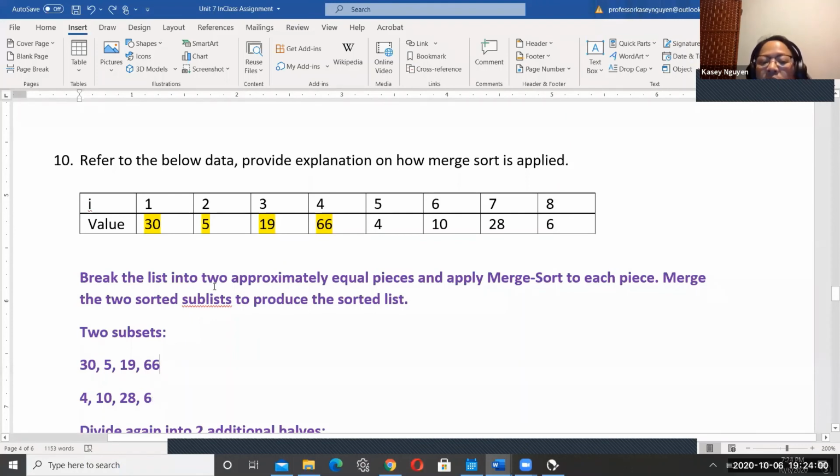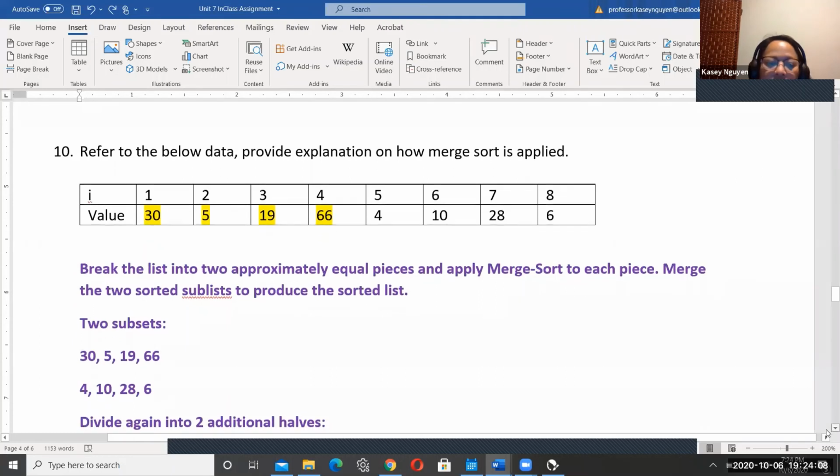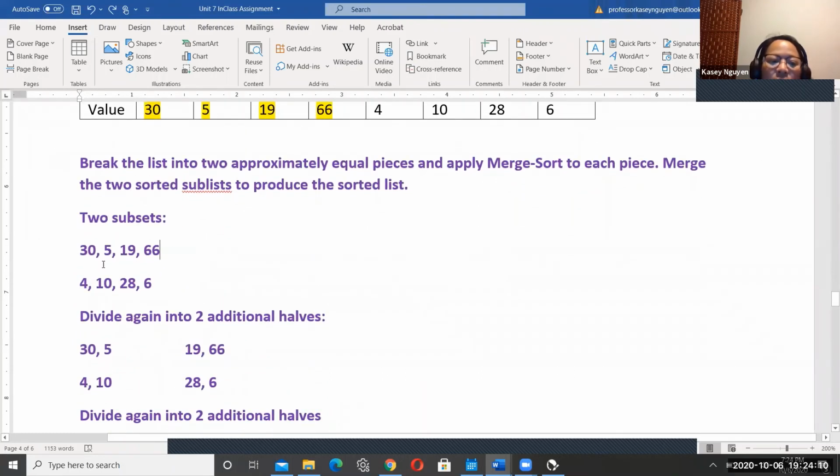So we would break the list into two equal pieces, and then we would sort and merge. Okay. So from there, we then break it up into two pieces each. So I have 35, 19 and 66, 4 and 10, 28 and 6.